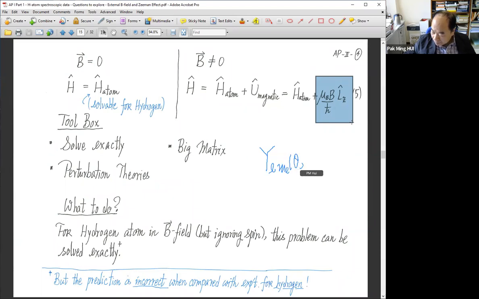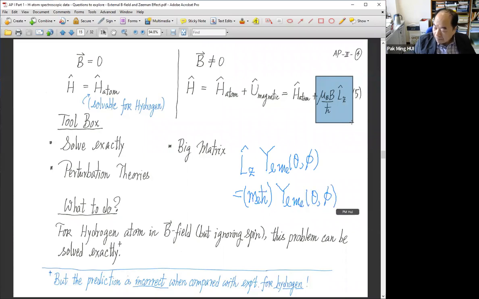For those of you who still remember what you learned last term, Y_l^m_l of theta, phi is an eigenstate of L_z, and the eigenvalue is m_l h bar. I need to ask whether this result is familiar to you, because the next few pages are meant to remind you of this.